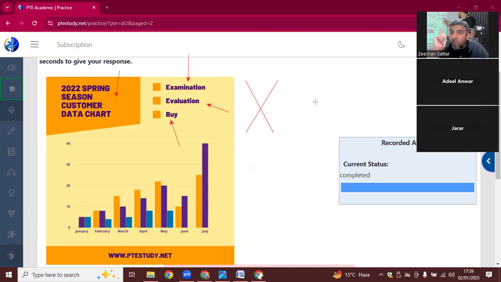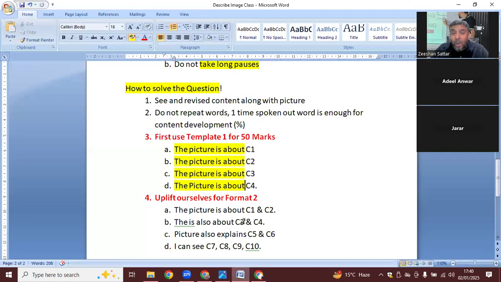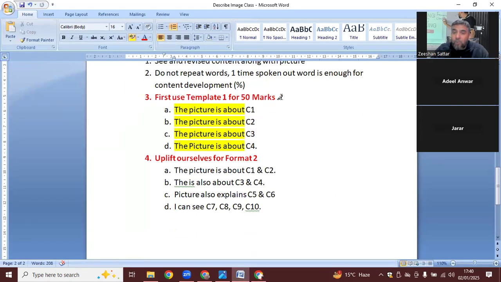And describe image or retell the lecture को फ्लैग कर देता है आपका सॉफ्टवेयर आर्टिफिशियल AI आर्टिफिशियल इंटेलिजेंस, अगर आप सेम ही कंटेंट रिपीट करना शुरू कर दें. द पिक्चर इज अबाउट, द पिक्चर इज अबाउट. इफ यू आर रिपीटिंग फॉर मल्टीपल टाइम्स, 2-3 times लगातार, the software is going to flag your answer, and then the flagged answer will be viewed by the manual examiner. जब ह्यूमन एग्जामिनर उसको देखेगा आपको नंबर नहीं मिलने वाला. So try to understand, avoid these templates. इनका जमाना गुजर चुका है, अवॉइड कीजिएगा इसको. So do not follow. अगर आप इसको फॉलो करते हैं, get ready for anything lesser than 50 marks.